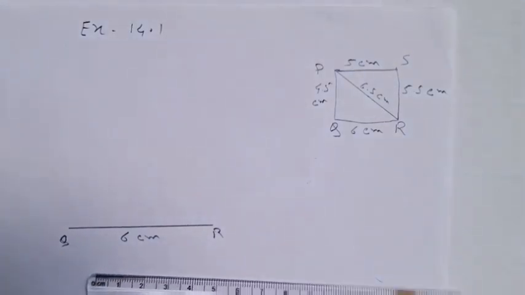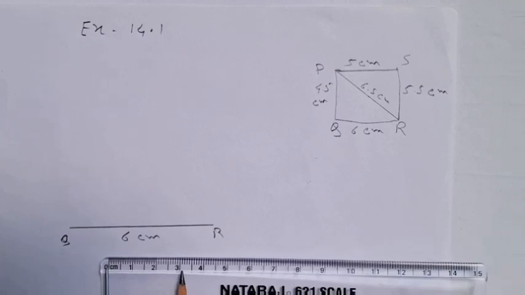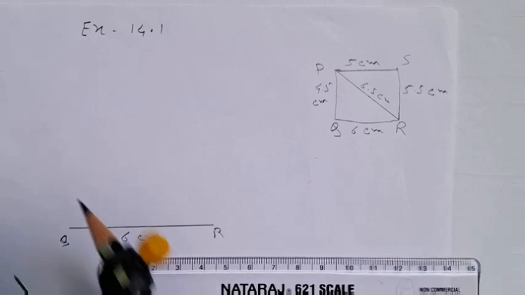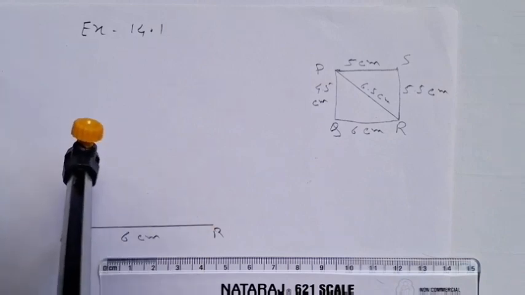So taking 4.5 cm in my compass and taking Q as center, I draw an arc.